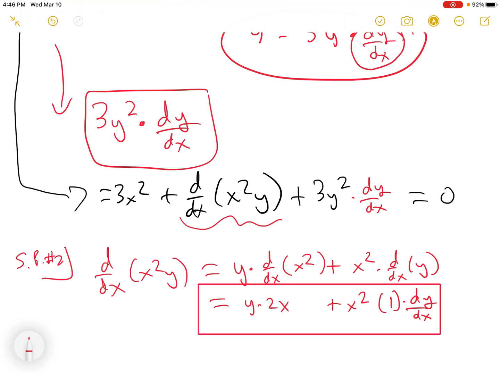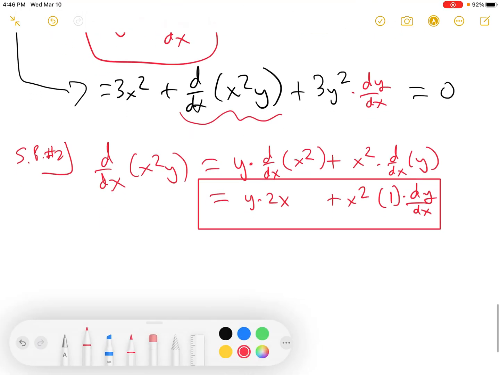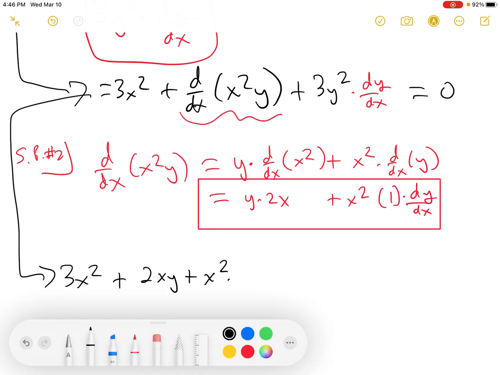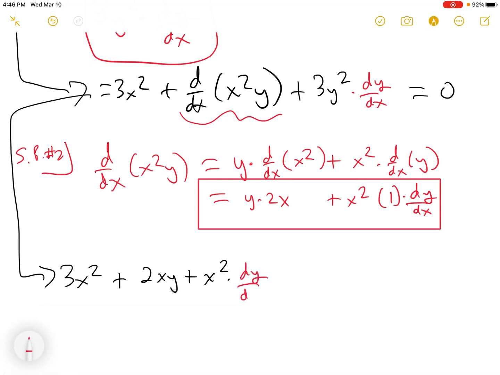Whew. All right, so now let's put it all together. Back to black. We have 3x squared plus this new guy, 2xy plus x squared times dy dx, plus 3y squared times dy dx, equals 0.